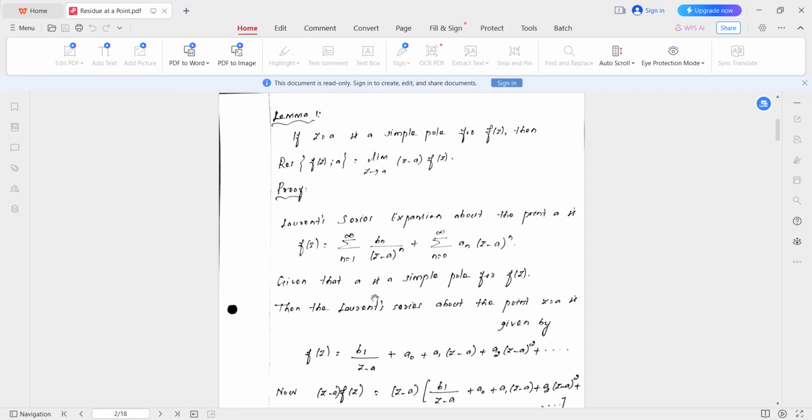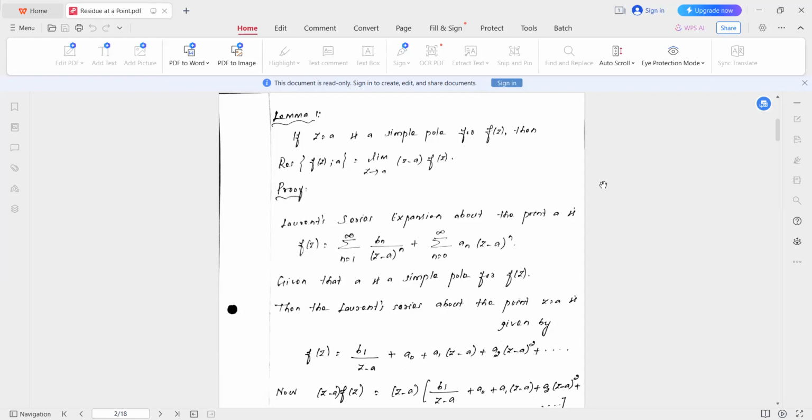Therefore, f of z is equal to summation bn by z minus a the whole power n plus summation an into z minus a the whole power n. If about the point z naught, then in the place of a, you have to write z naught. About the point a means the function should be of the form z minus a.